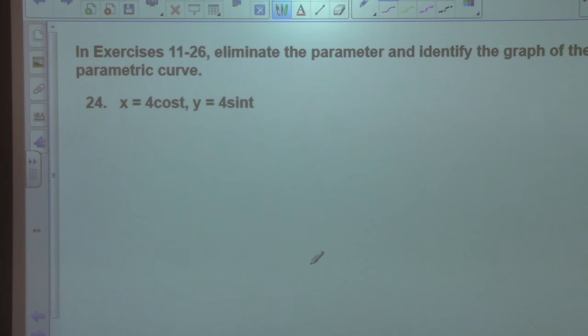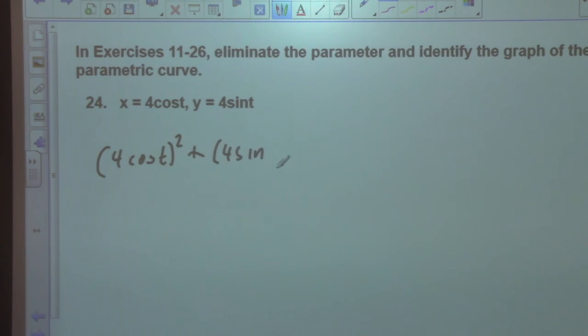What happened on 24? I tried to do the same thing on the other one that you did at the end, but I don't know if I did it right. Okay, let's just go. Did you write it like this? 4 cosine t squared plus 4.